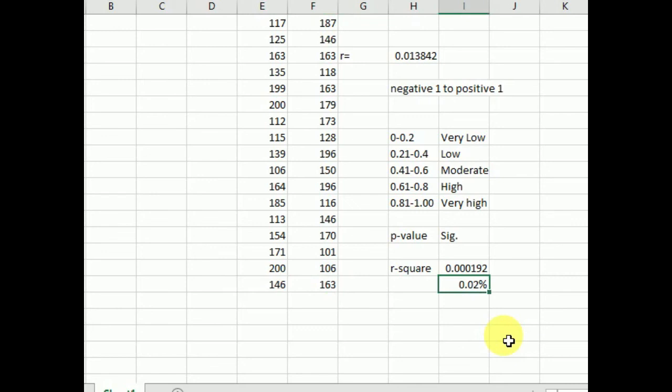That's the only percentage of the variance that can be predicted. The 99.98% is predicted by other variables other than this one. So it's pretty much saying that these two sets of numbers are not related at all. Okay, so that's how you analyze your correlation coefficient. Bye for now.